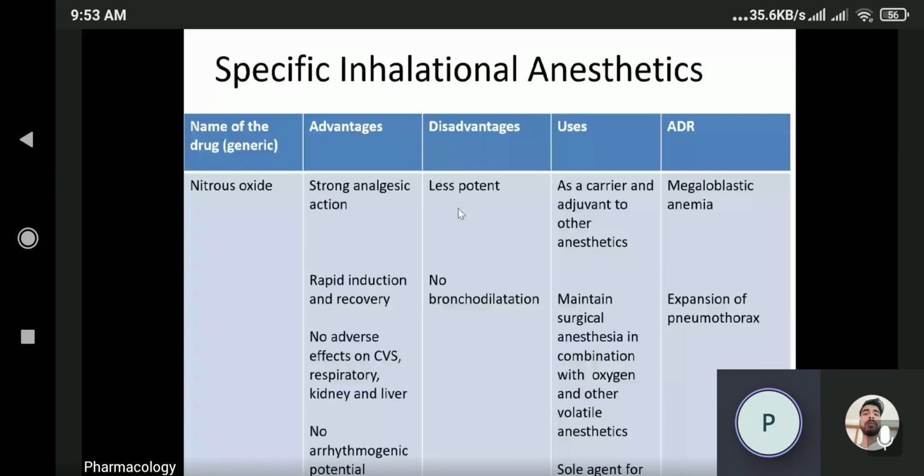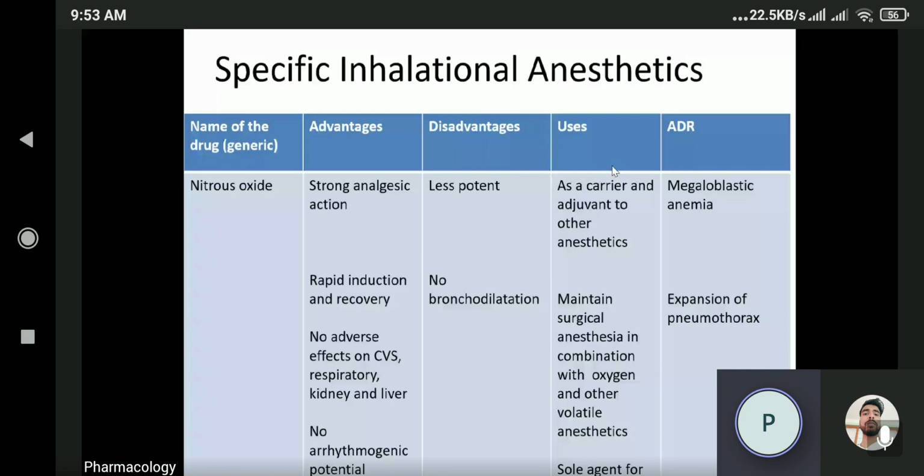So the use of nitrous oxide is mainly because of its low potency, so it is not used as a sole agent, but mainly because it shows faster onset of action and recovery.